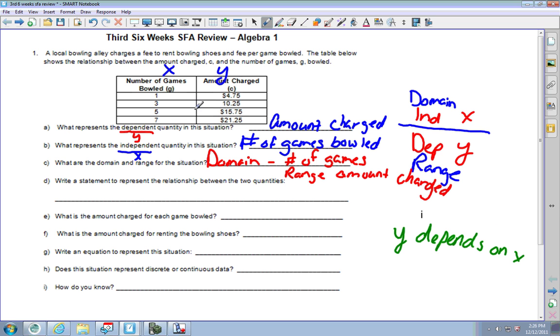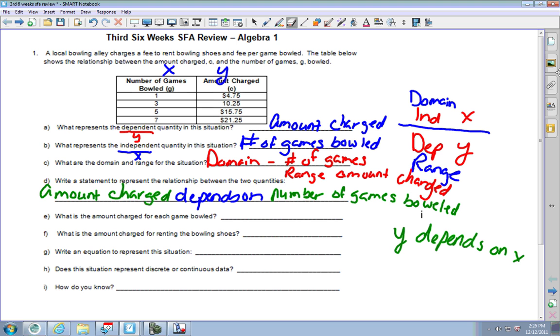Well, y is the amount charged, so the amount charged depends on the number of games bowled. Oh, I didn't spell bowled right, did I? Silly me. Bowled.